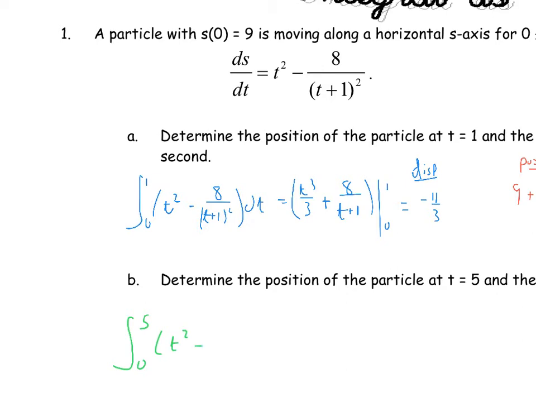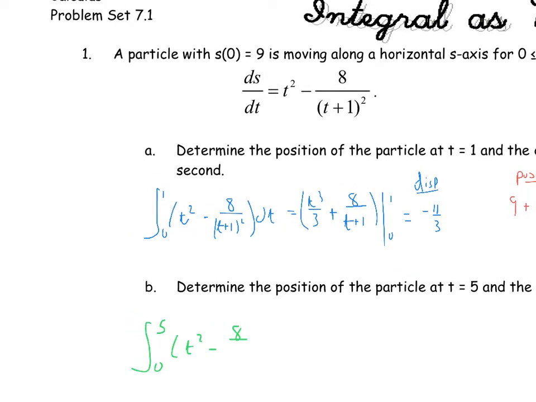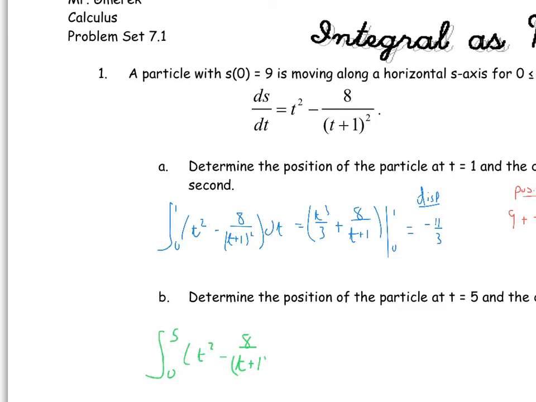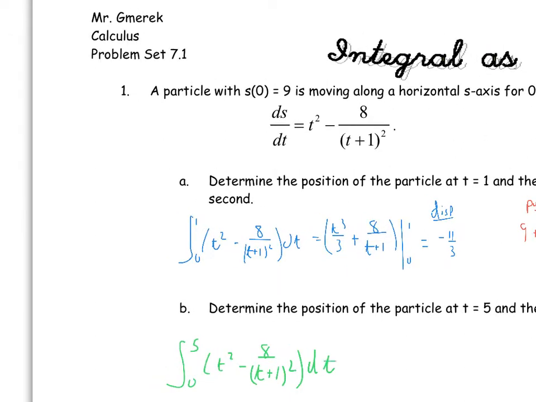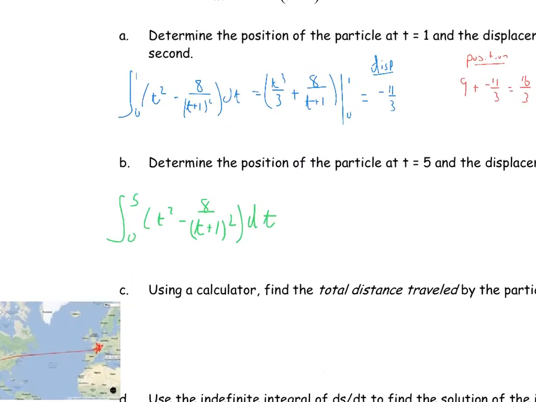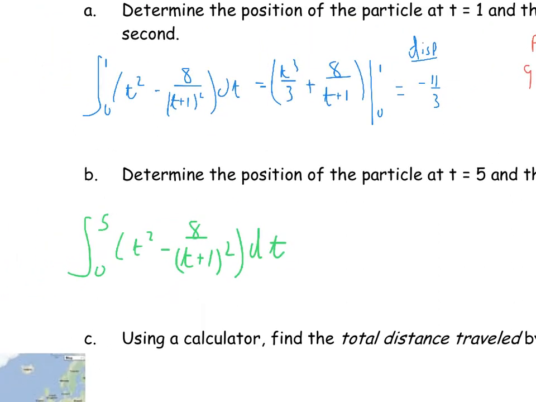But I'll write the function t squared minus 8 over t plus 1 squared. That's actually true on the AP exam, where if they've given a function a name, you don't have to write the whole function inside the integral. You can just write the name of the function, which will save you some time. All right, so same antiderivative as above. Plug in your numbers and you get 35. So that is your displacement.